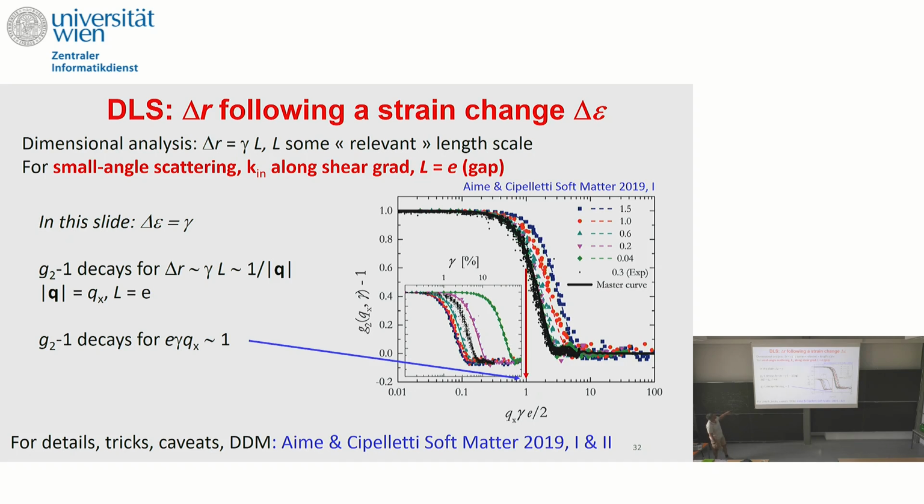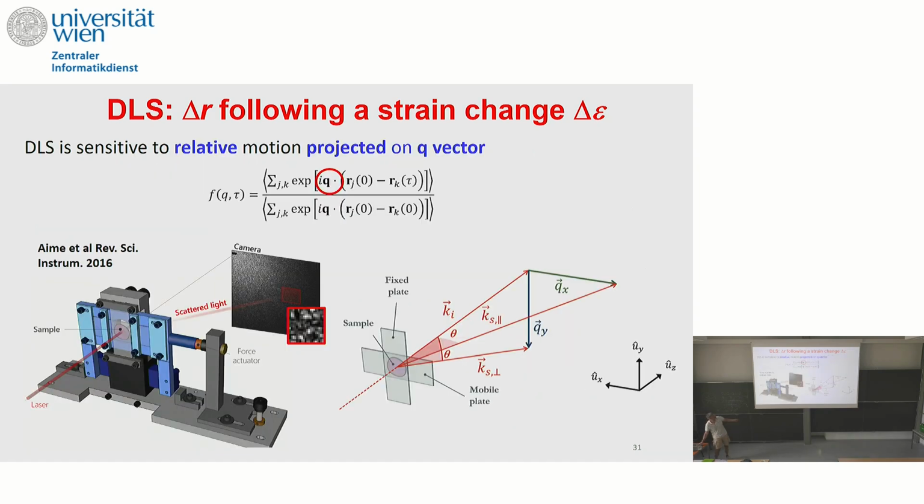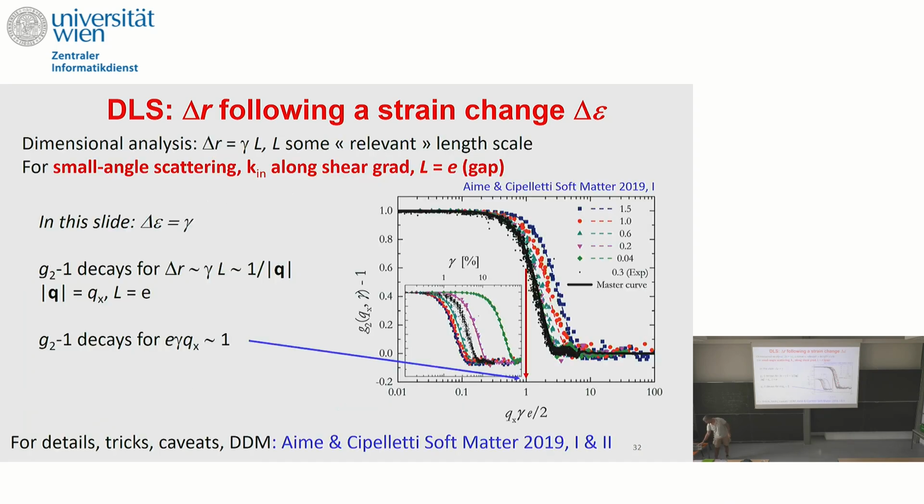Okay, what is this characteristic length scale in this kind of experiment? Well, in the experiment that I'm showing here, the amount of displacement depends on the distance from the fixed plate. So at the end, what really matters is the thickness of your sample. And so in this experiment, it turns out that L is simply the gap between the two plates. And you can show it here.